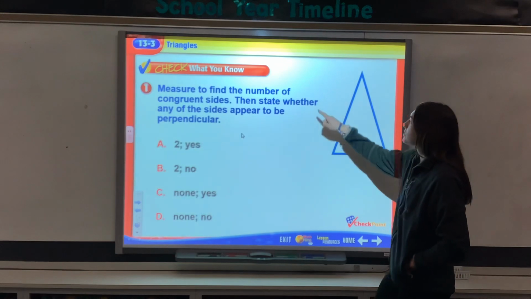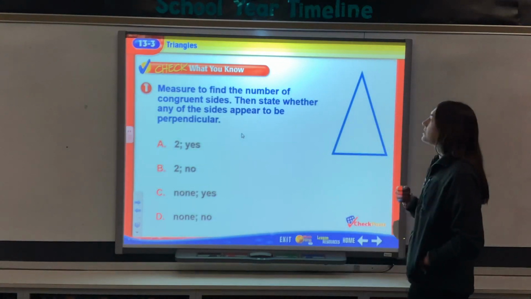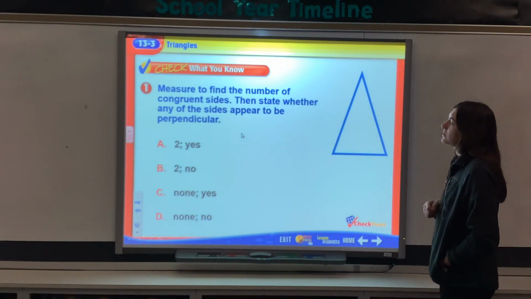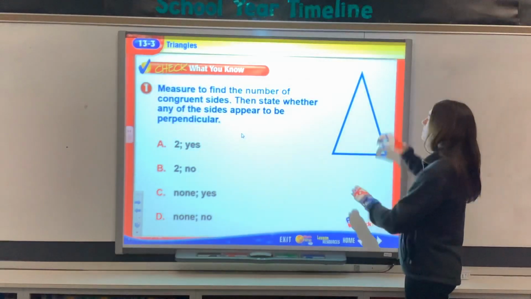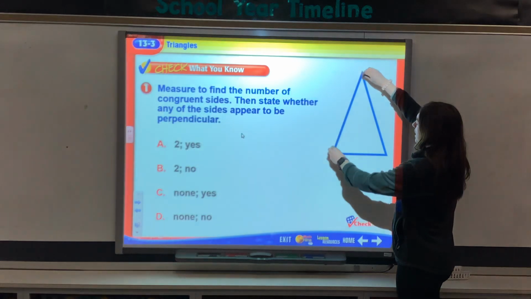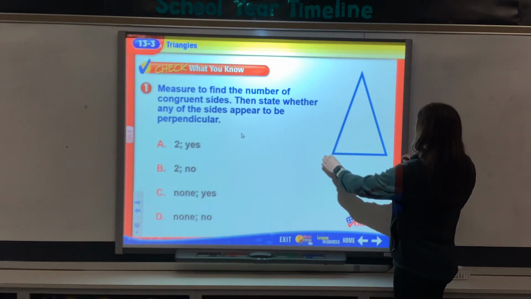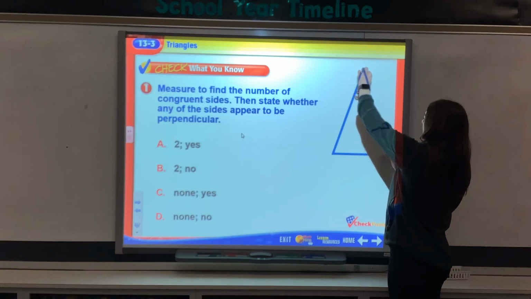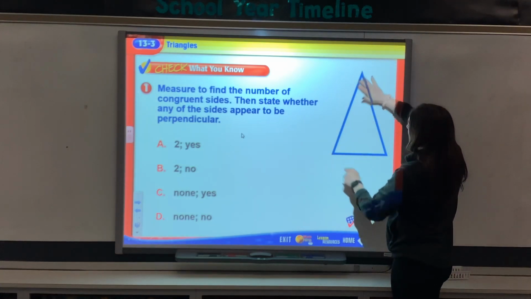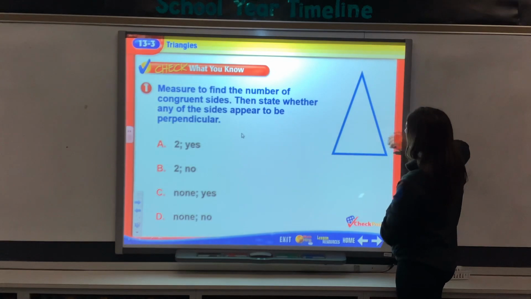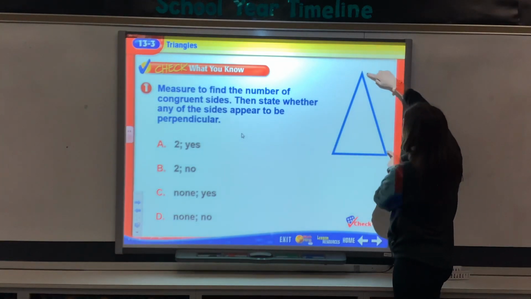All right, we're going to measure to find the number of congruent sides, then state whether any of the sides appear to be perpendicular. So again, you can use your piece of paper and measure the side, draw a dot here, draw a dot here, see if they line up here, and with this side as well. This side and this side will end up being congruent.